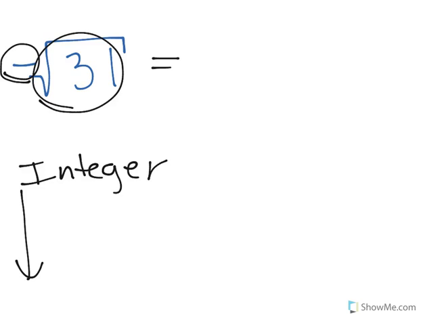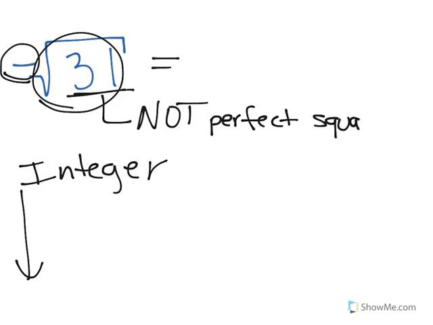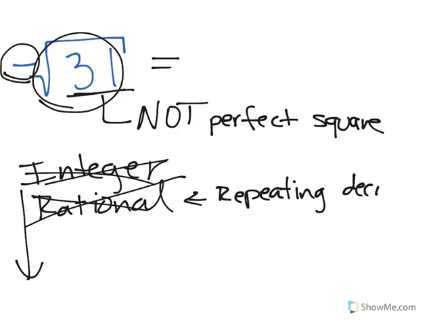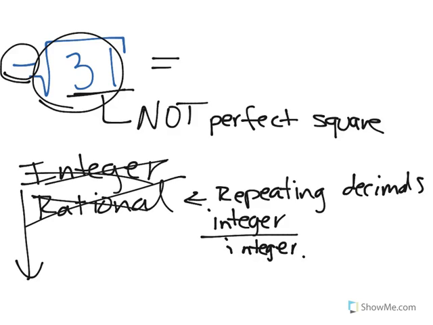However, we know that 31 is not a perfect square. So because of that, the square root will not be an integer. It will not be a rational because a rational requires repeating decimals, because every time something can be represented by an integer divided by another integer, we find a pattern and some repetition in the decimals.